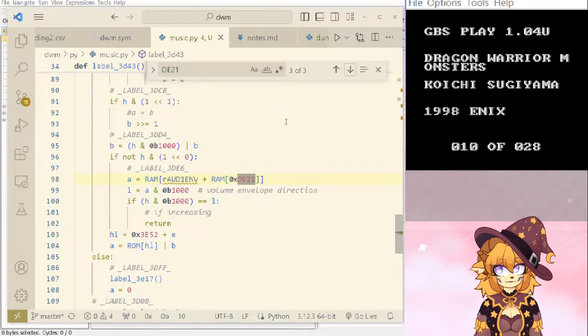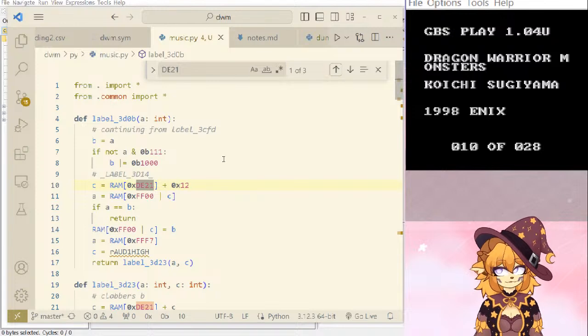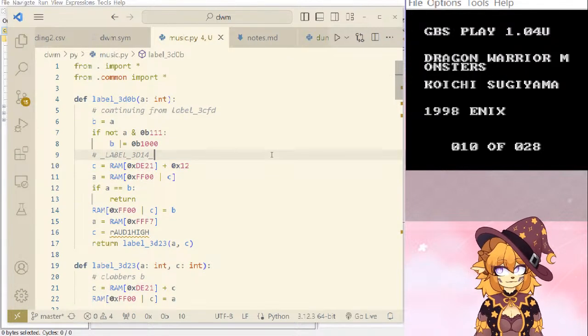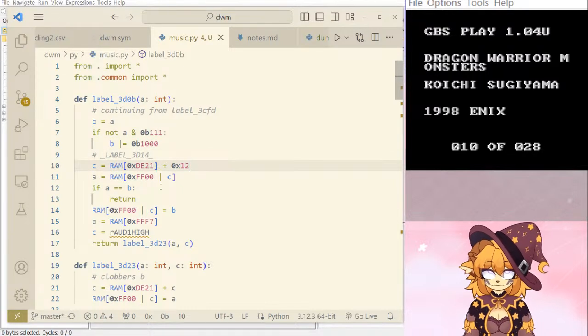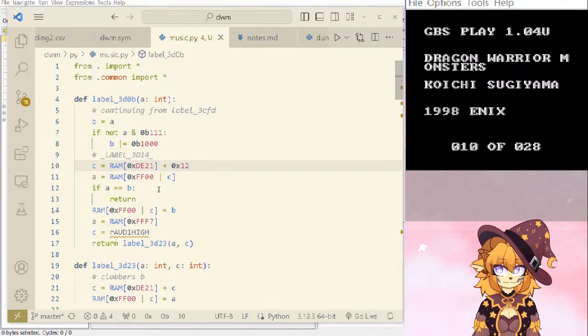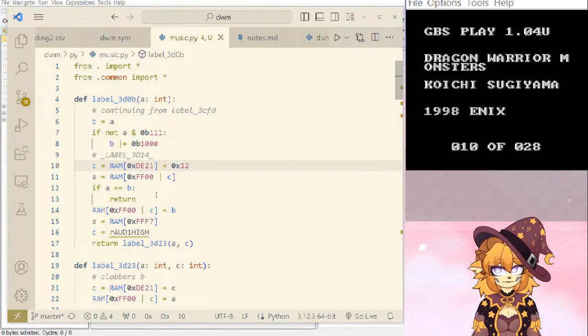Yeah. So what is 12 in the IO memory then? That's probably what this is using.